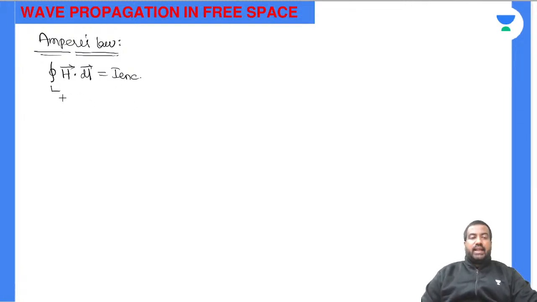Mathematically, I can say circulation of H is equal to current enclosed, where I enclosed is related to current density. Current density is current per unit surface area, given in ampere per meter square.